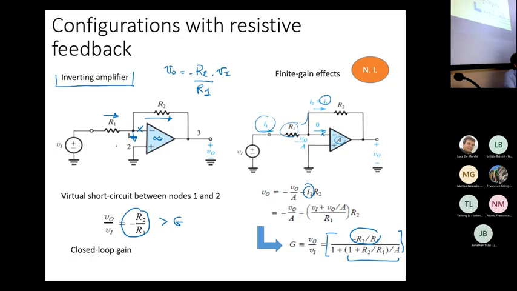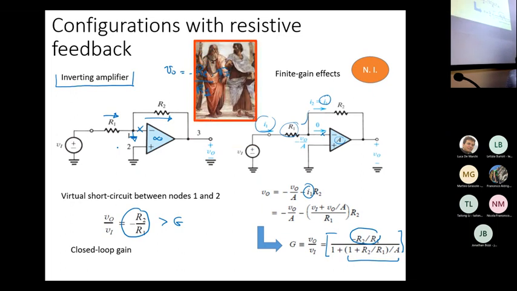This configuration here has many useful applications and also some very important extensions. So, again, Plato and Aristotle. Here we have Plato with its ideality, and here we have the finite gain effects. So the truth, the reality, must include also the non-idealities.